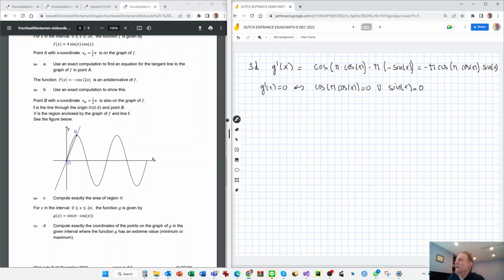So let's look at the first. That happens when, let's first look at when the cosine of this, let's rename this u, is 0. We can draw a unit circle here.